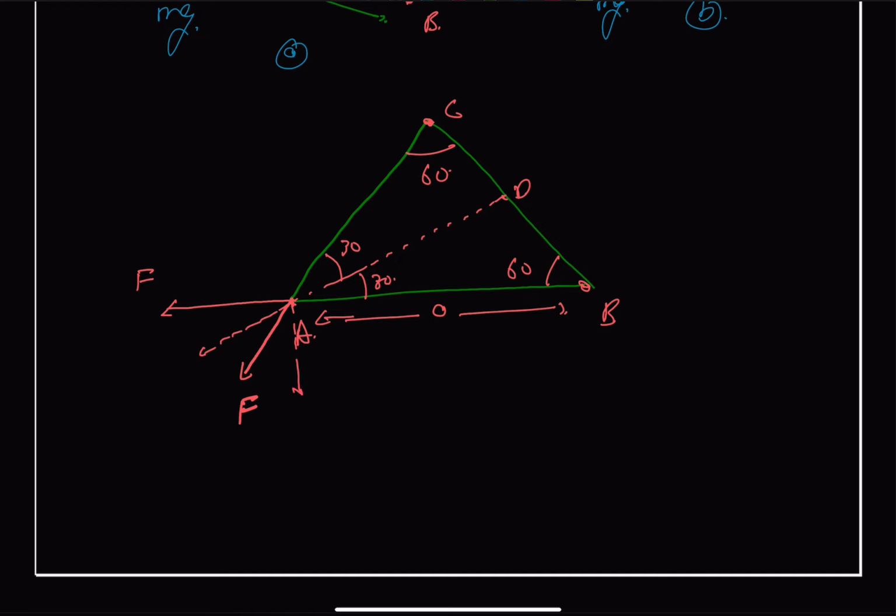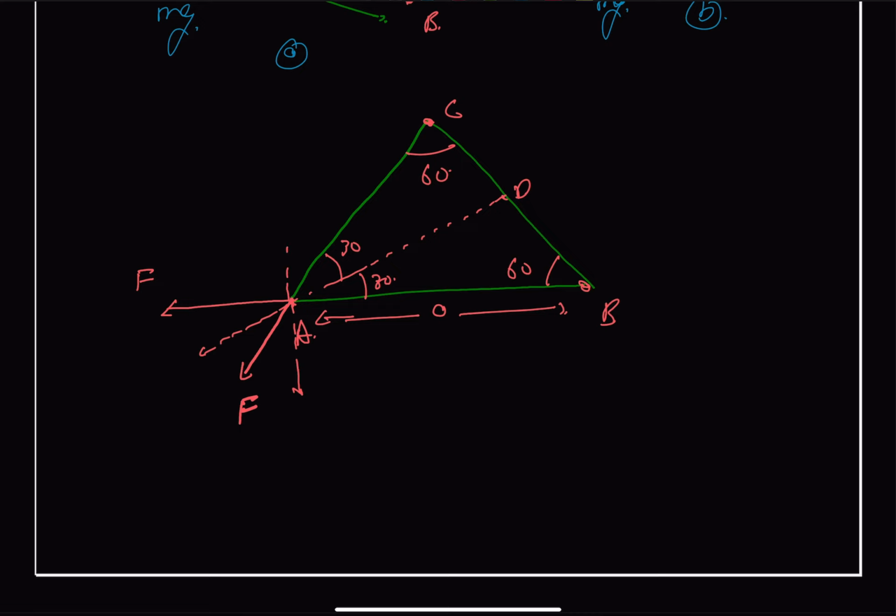One component, this angle is 30, so this will be F cos 30, and the other component will be... one second, is it the correct one? Sorry, not. So let us call this the first part, second, and it will be like this.